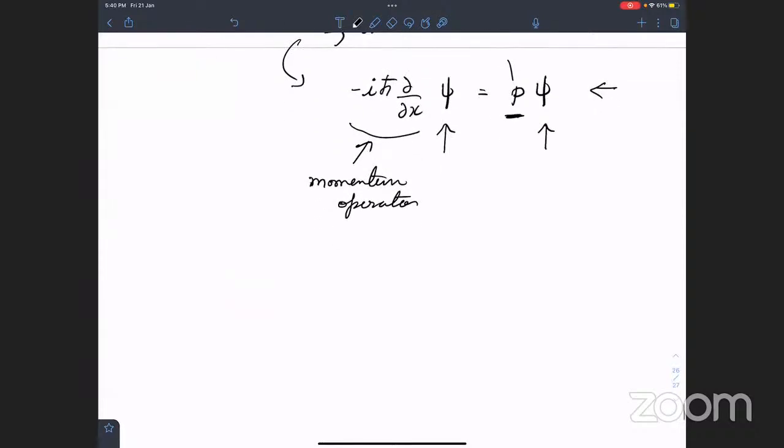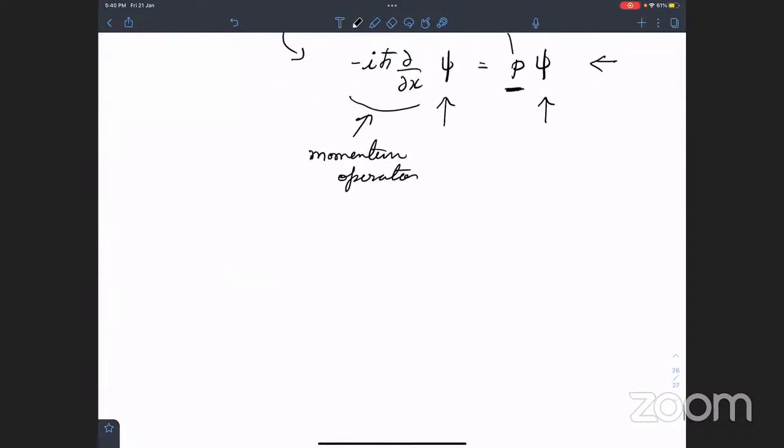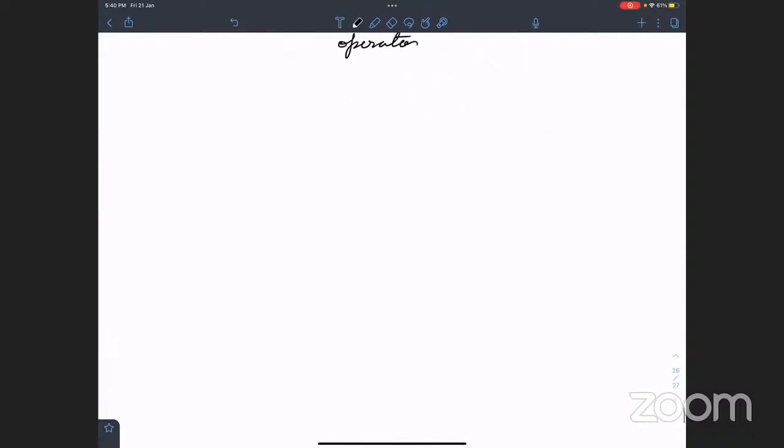Okay. Now let me tell you why we go to Hilbert space operators, why quantum mechanics talks about all these mathematical ideas. Very simple, right? Forget all this operator business for now. Let us go into our three-dimensional space. Imagine there is a vector here. Okay, if you rotate this vector, what will happen?